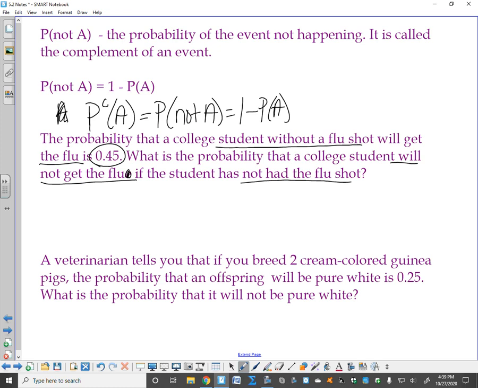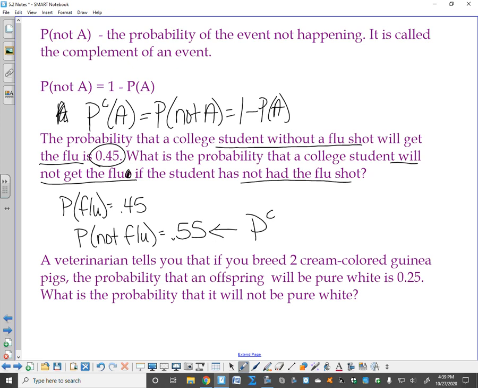Okay, let's write this out. The probability that I get the flu is 0.45. So the probability that I don't get the flu is 0.55. So what you're doing for this is the complement that I do get the flu.